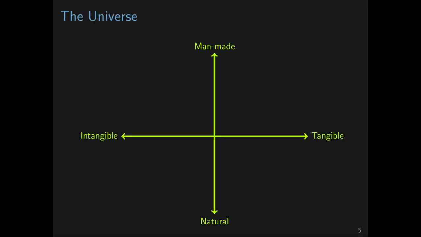So what is intellectual property? Let's begin by taking a look at the world around us using this particular diagram that I made. What I propose is to classify things according to whether they are intangible or tangible and whether they are natural or man-made.